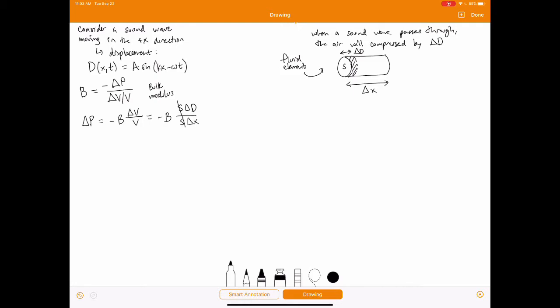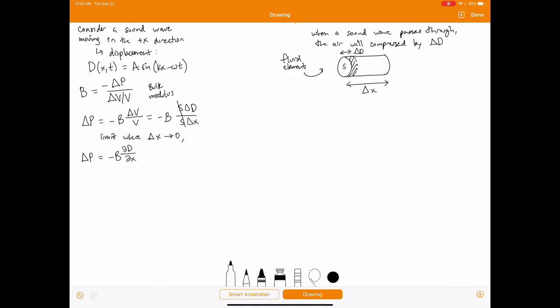So what we can do is cancel out S, and we're just left with delta D over delta x, which should kind of remind you of something. This kind of looks like a derivative, doesn't it? In fact, if we take the limit where delta x goes to 0, then this does become a derivative. This becomes delta P equals minus B times the derivative of D with respect to x.